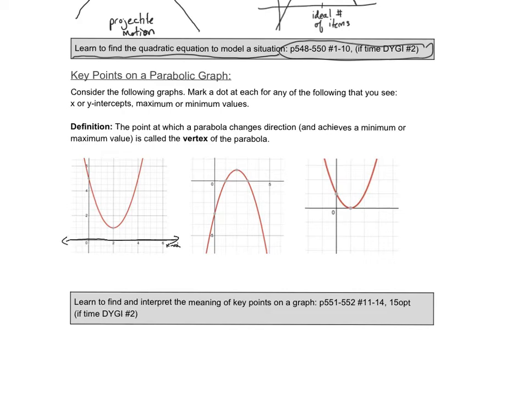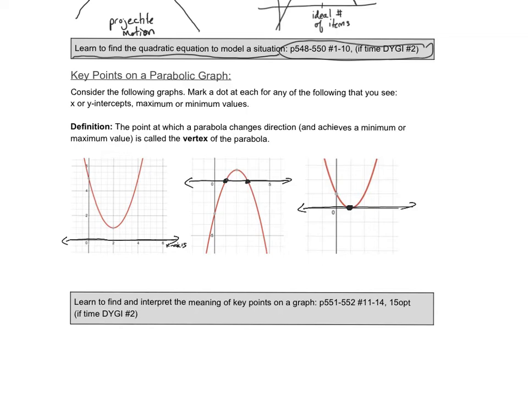My first function never crosses the x-axis, so it doesn't have an x-intercept. My x-axis for this function is right here. So my function crosses the x-axis at these two values. And my x-axis for this function is here. So I have a single x-intercept at that value right there.